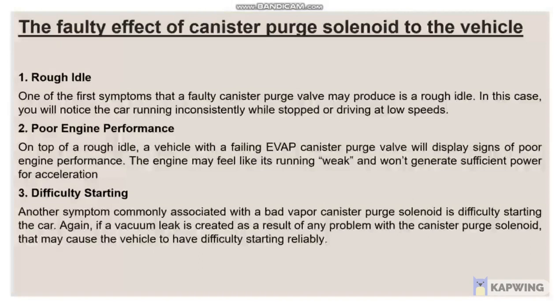Number 3 is difficulty starting. Another symptom commonly associated with a bad vapor canister purge solenoid is difficulty starting the car. If a vacuum leak is created as a result of any problem with the canister purge solenoid, that may cause the vehicle to have difficulty starting reliably.